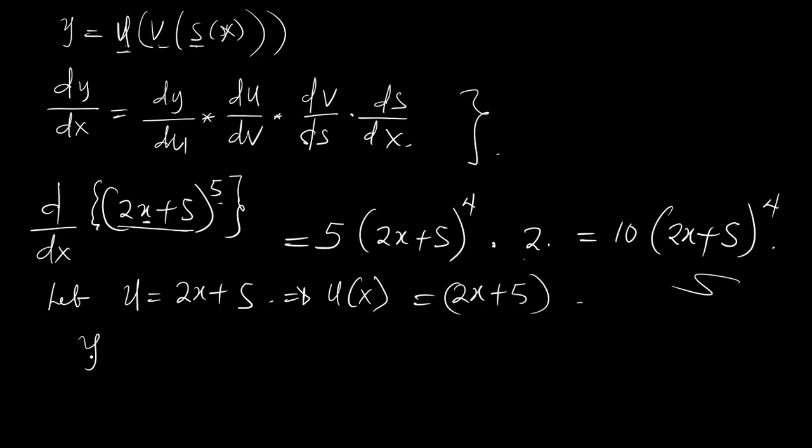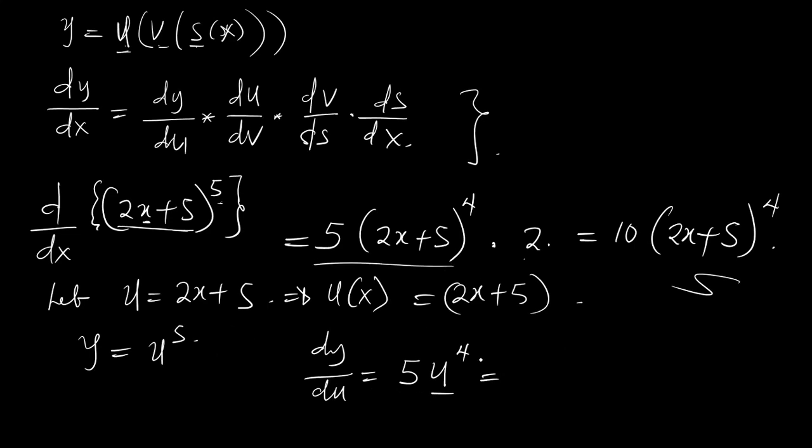Then y is now a function of u, y equals u to the power of 5. Now the derivative of y with respect to u will just be 5u, and you subtract 1 from the power, you have 4. If you substitute u here, it is the same thing as 5(2x plus 5) raised to power 4.